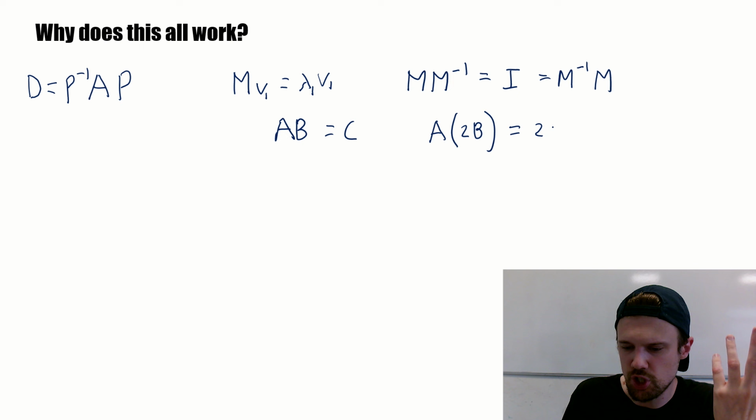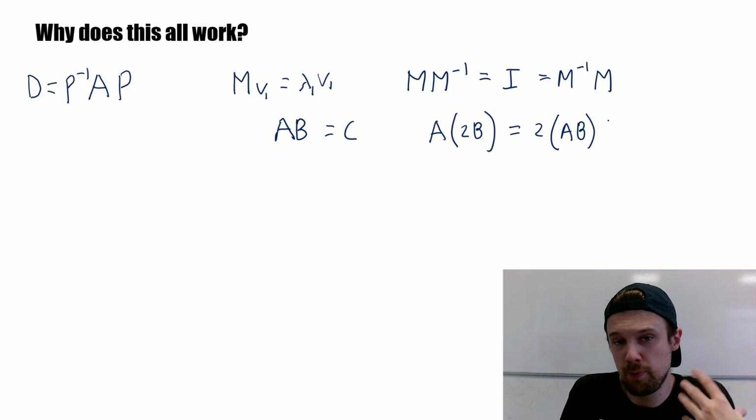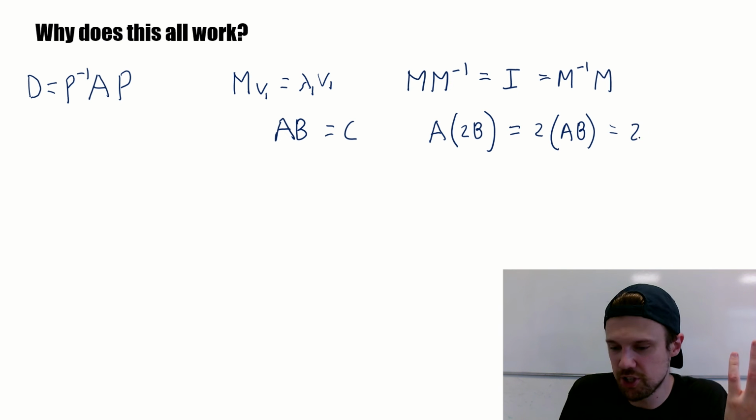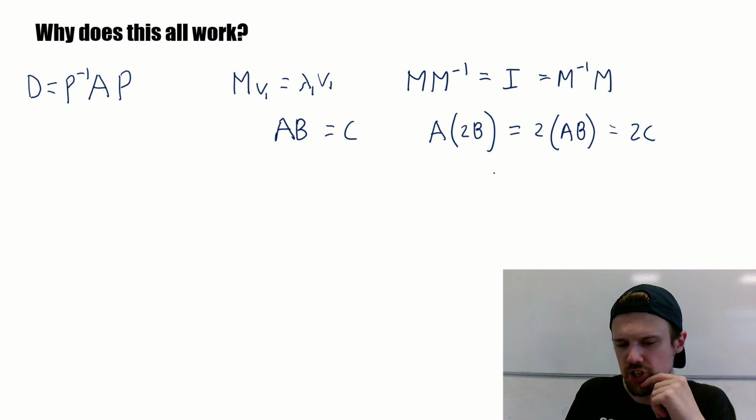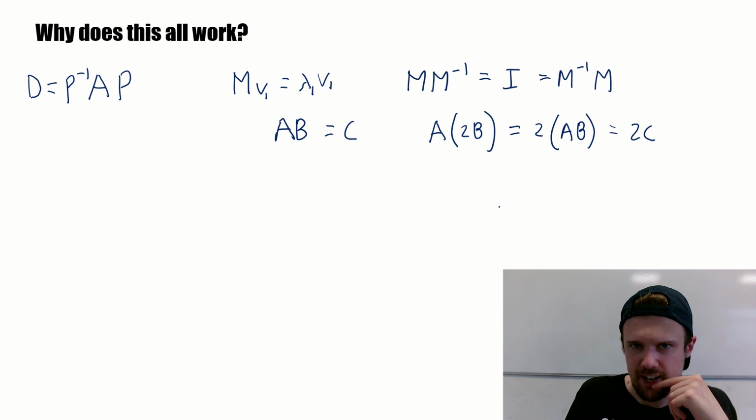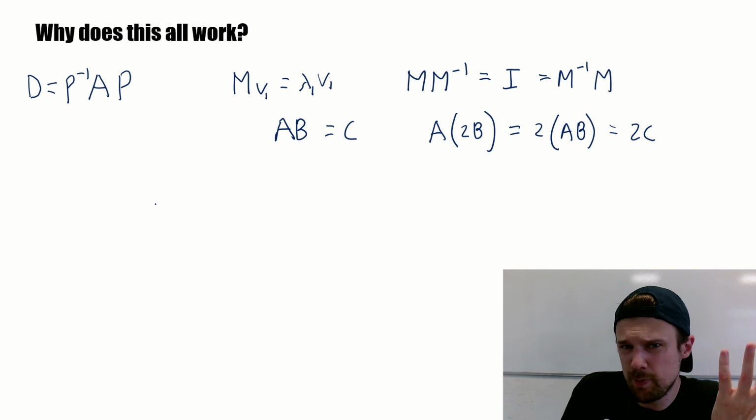So this is the same as two lots of AB, and therefore it just applies that scale factor to the answer we had before. These three facts together combine to explain the fact we're going to be looking at here. This is not going to be an actual full proof.